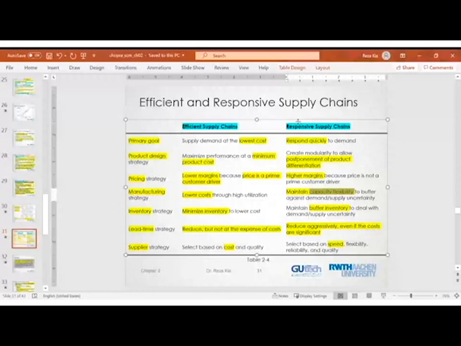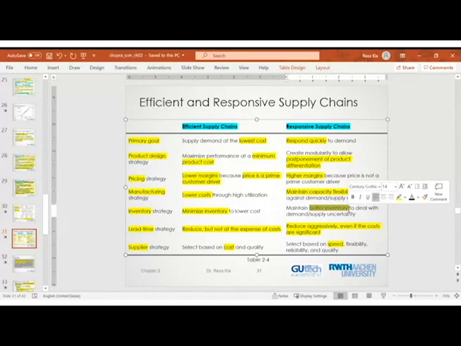So here the capacity flexibility is important. Inventory strategy. In an efficient supply chain, we just want to minimize inventory as much as possible. But in a responsive supply chain, the idea is to keep some inventory for the future. If there is a surge in the demand, then you can tackle that unexpected demand.